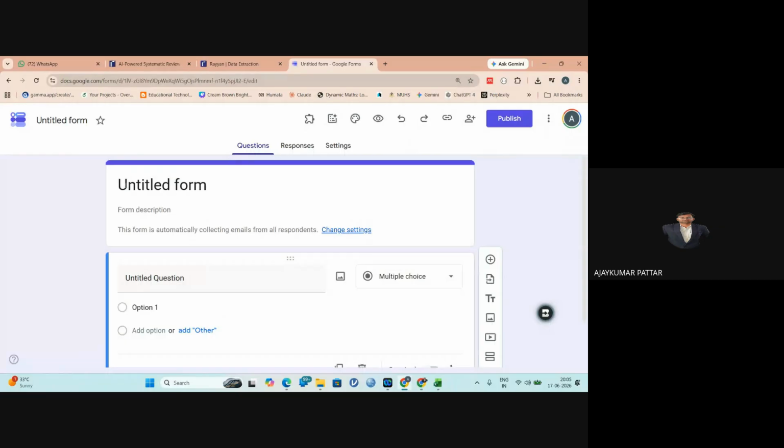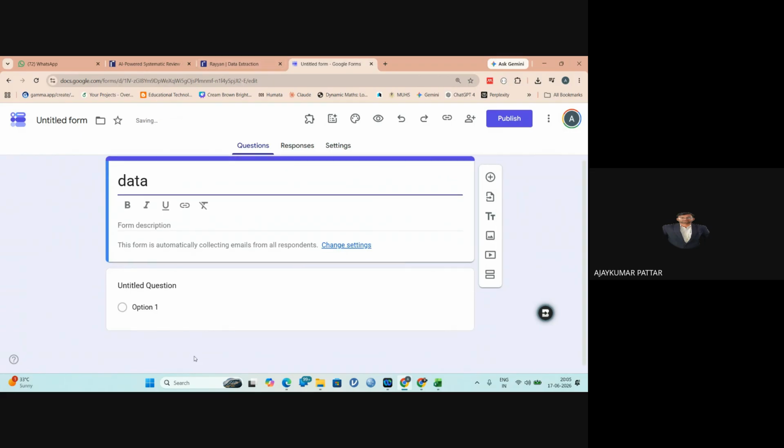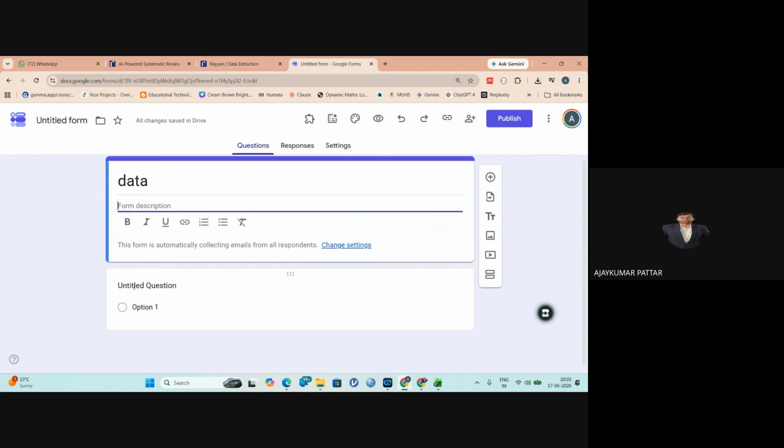So here we can give the data extraction form for our SRMA. Like that we have to give a title and a description, and we should add the questions.